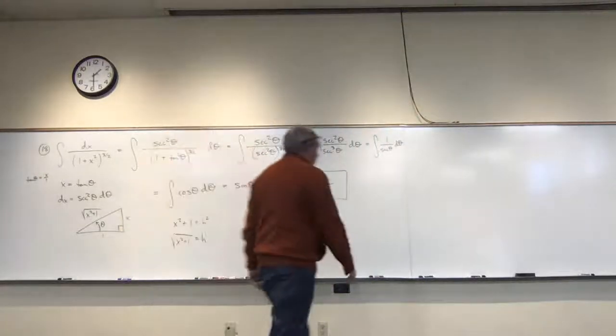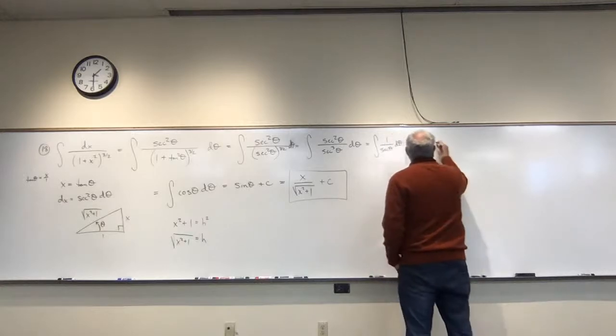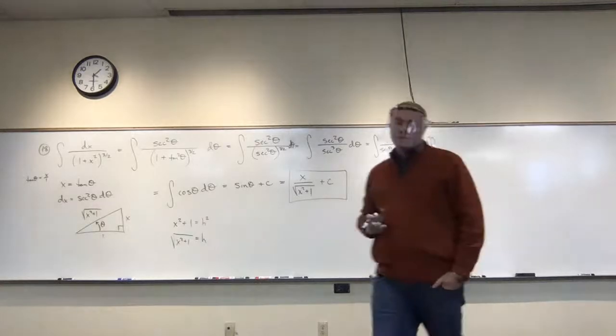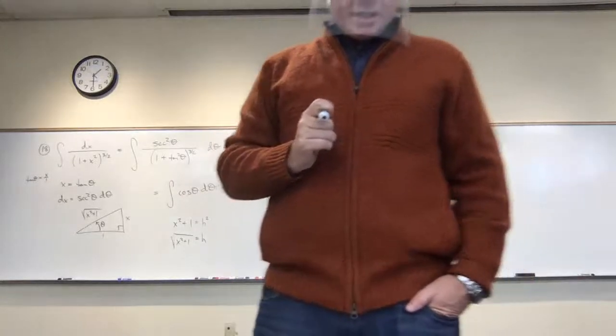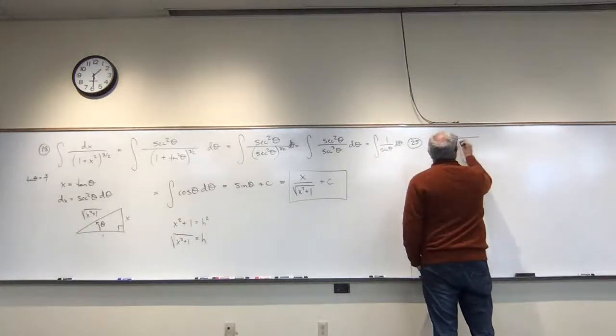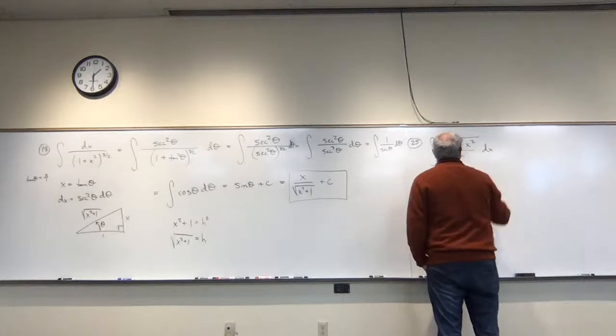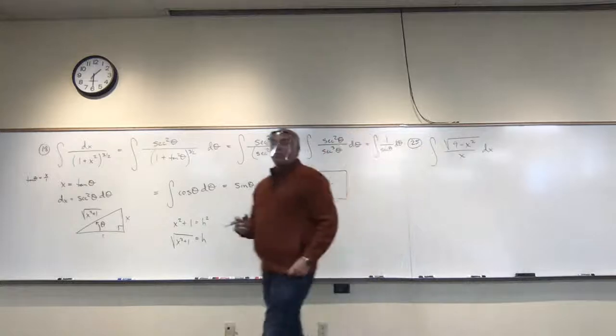Okay, so 25. You've got the integral of the square root of 9 minus x squared over x dx. Okay, so what's the form?